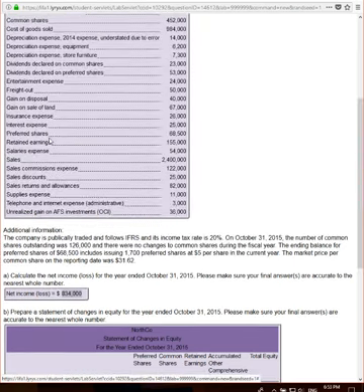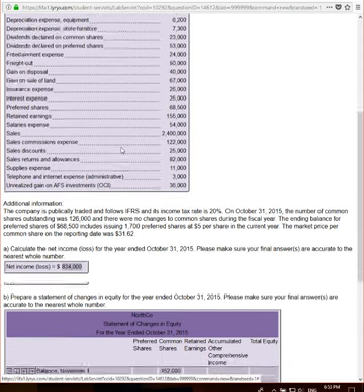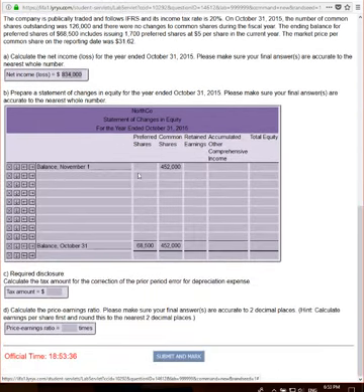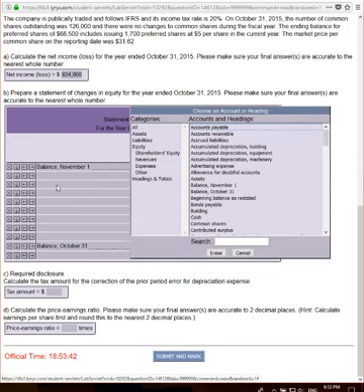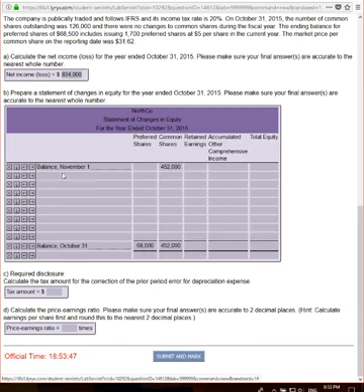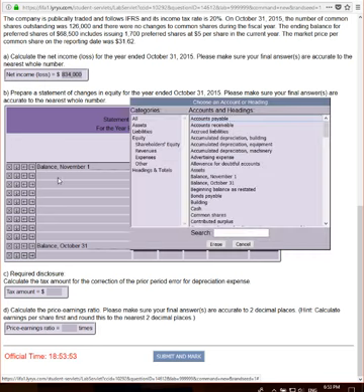And we can see that in the adjusted trial balance here. And we know that somewhere down here we're going to have to add the preferred shares. And of course, we have a couple of items here, we're going to include the retained earnings prior period adjustment here. So let's see if we can find that.